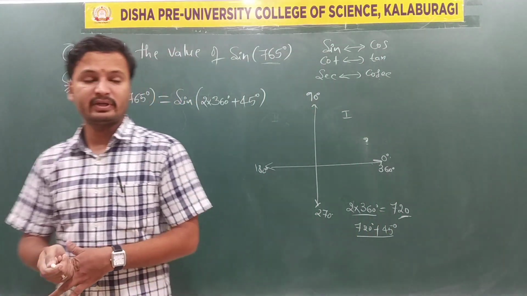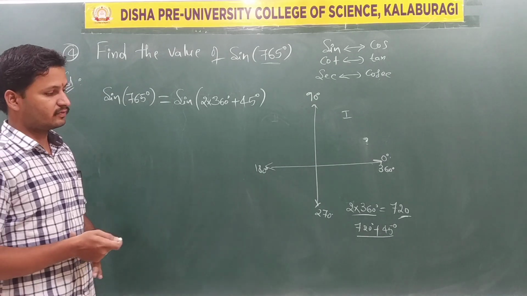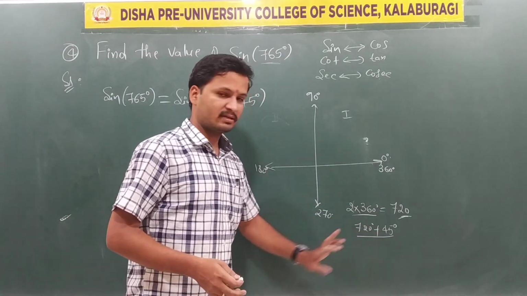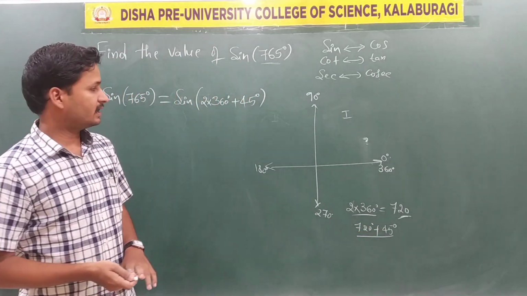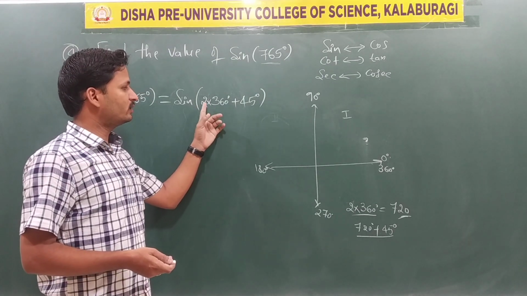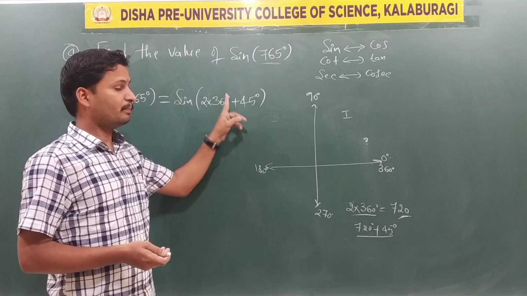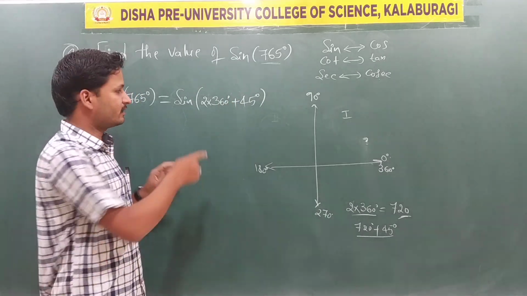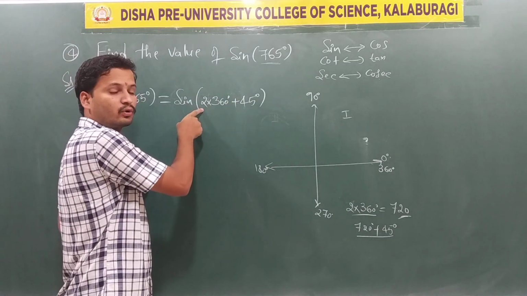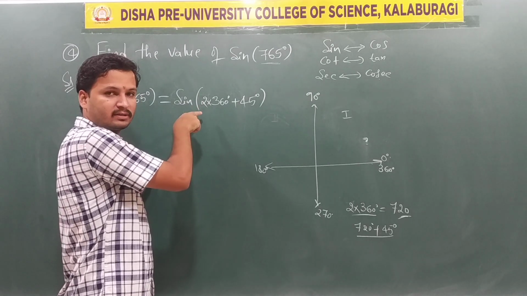To get 765 degree, we just need to add 45 degree to the 720 degree. So now this is of the form 2 into 360 plus 45 degree. That means 360 plus theta. Is it right? 2 means 2 complete rotations.